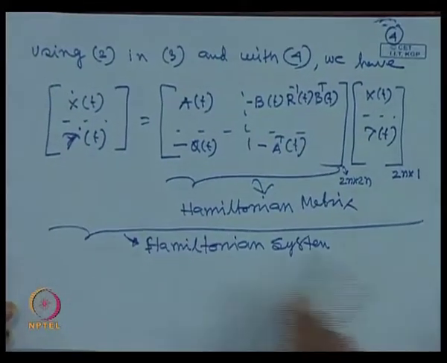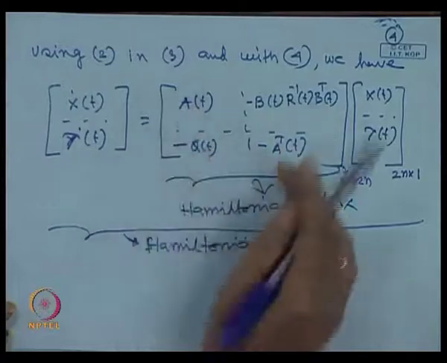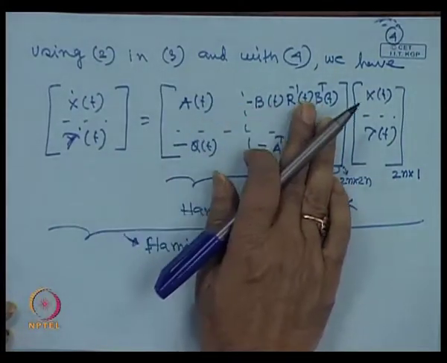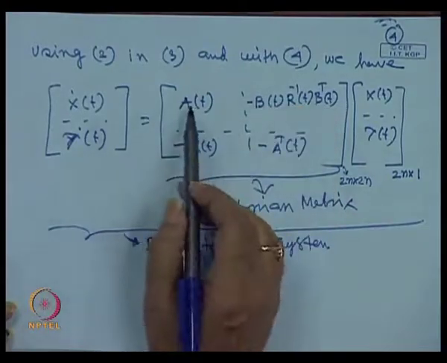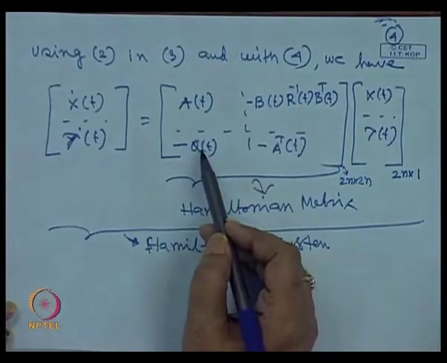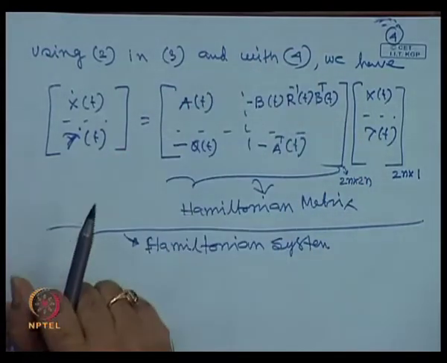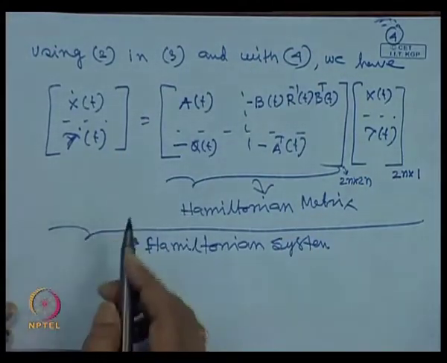Let us see what this represents. My main stress here is that without calculating anything, if the designer has selected R of t, Q of t and the system matrix is known, I can find the closed loop system matrix eigenvalues.